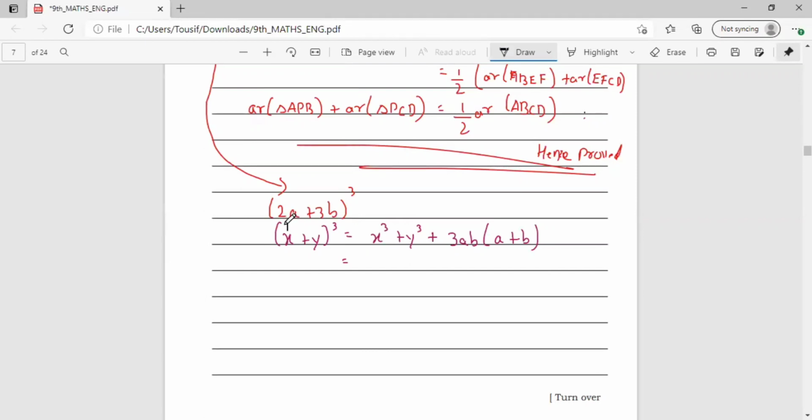That is, the x value is 2a and the y value is 3b. So the x value we're going to substitute as 2a whole cube plus the y value 3b whole cube plus 3, sorry, we wrote it as 3. Just a minute, we're going to erase this and change it to x, y.